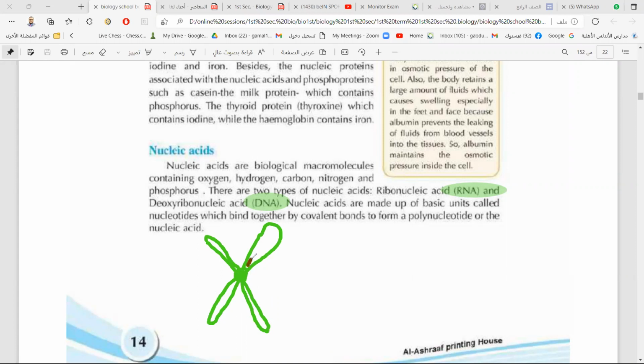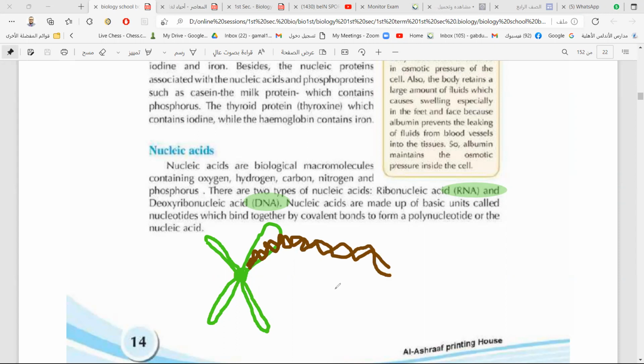Each chromatid has a long molecule of DNA. This is the structure of the chromosome. If you remember, we studied it in grade 9.